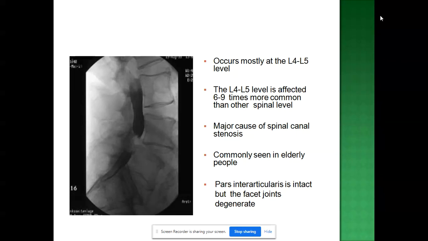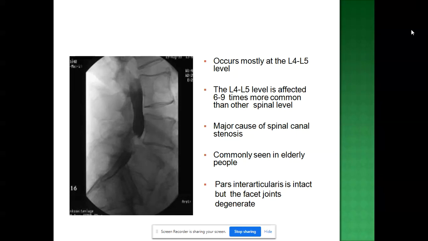This occurs most commonly at the L4 and L5 level. The L4, L5 level is affected 6 to 9 times more commonly than other spinal levels. So most commonly the L4, L5 level of the lumbar region is affected by lumbar spondylolisthesis.